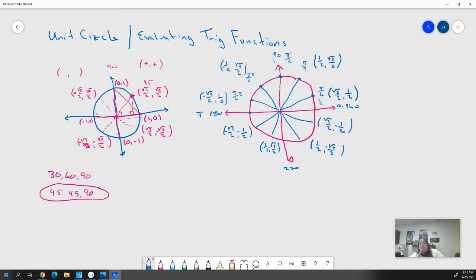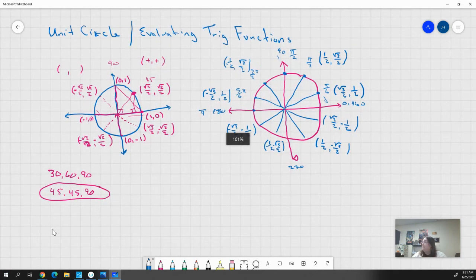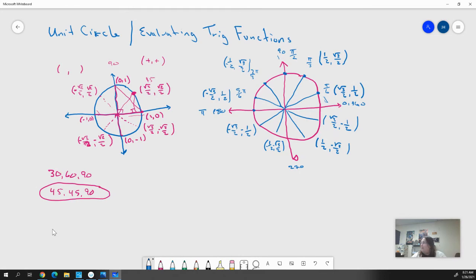So this is what I mean by you really only have to memorize, when it comes to it, this portion, right? The 0 to 90 degrees, because everything's pretty much the same going the rest of the way around the circle, right? We're just changing the signs of it.